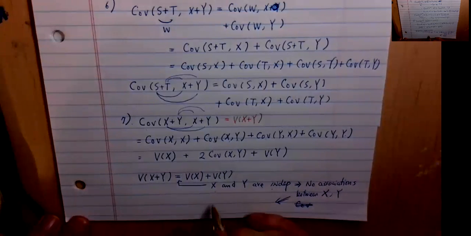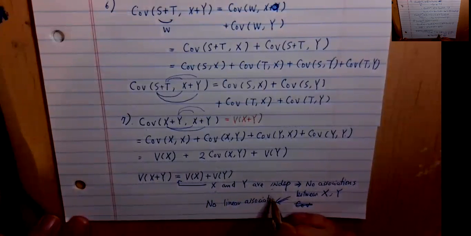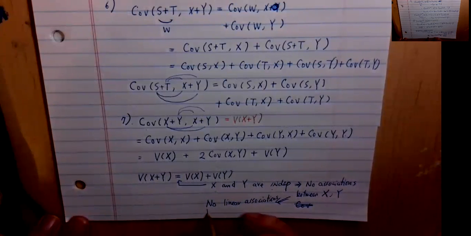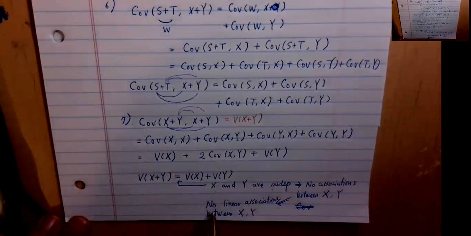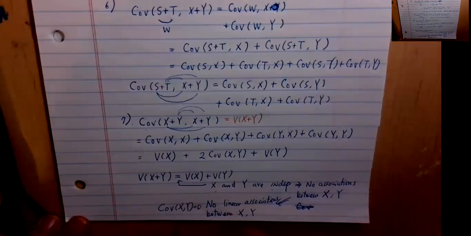That implies no linear association between x and y. No linear association between x and y, that is what we say covariance xy equal to 0. Okay?